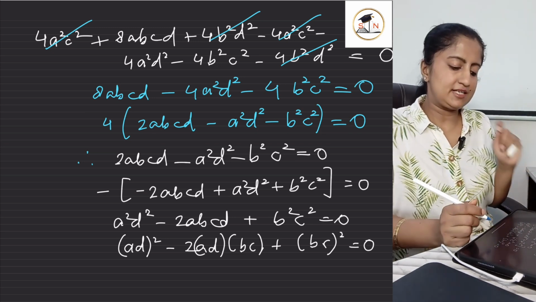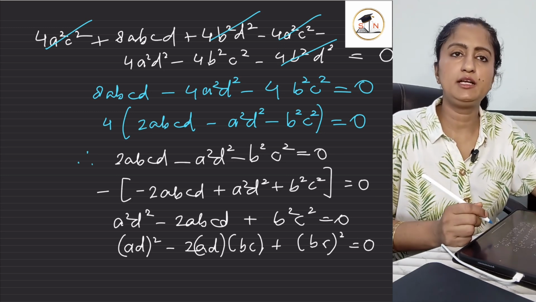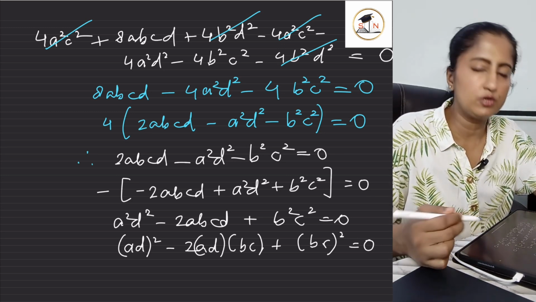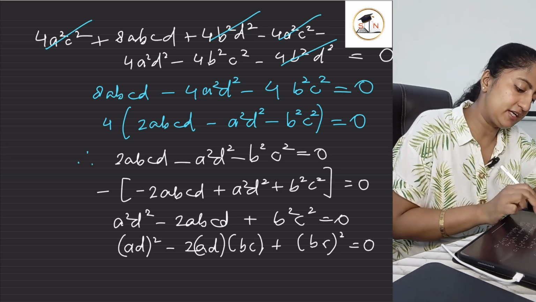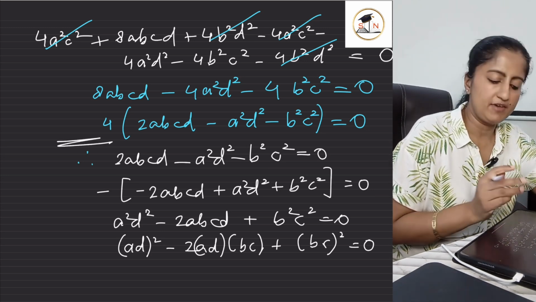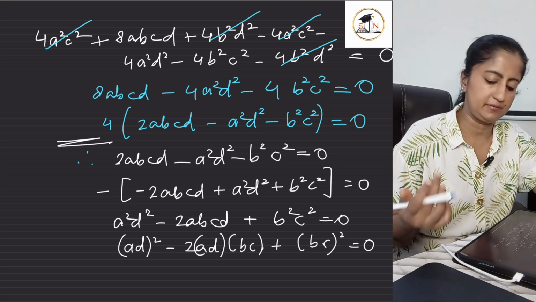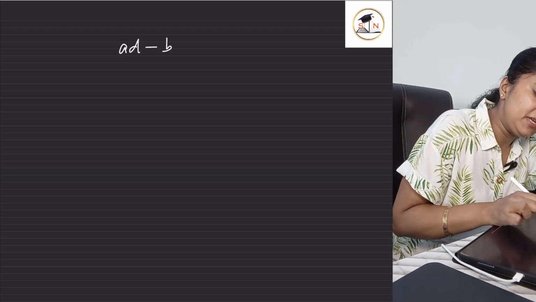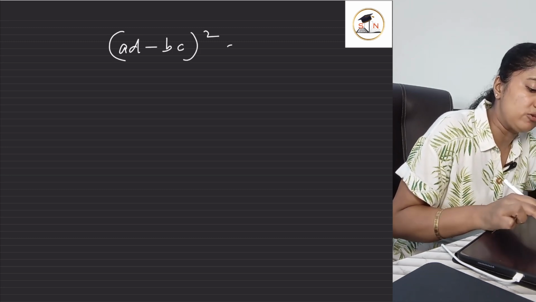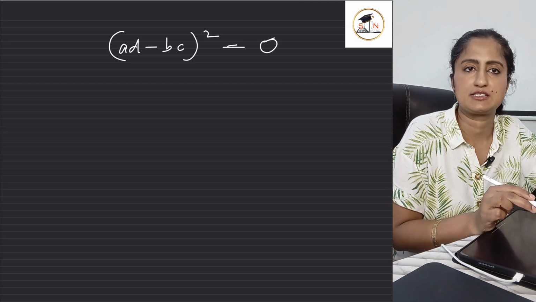I'm sure this last step can actually give you a hint that what we are actually moving towards, right? Because the working for this step started right over here when I used just the second bracket. So what are we getting? We are getting AD minus BC whole square equals 0. We factorized.